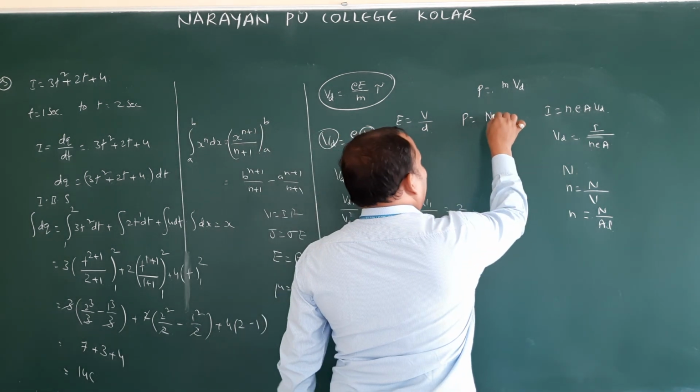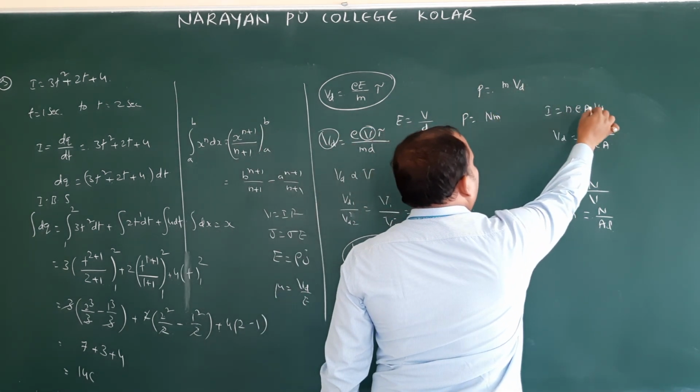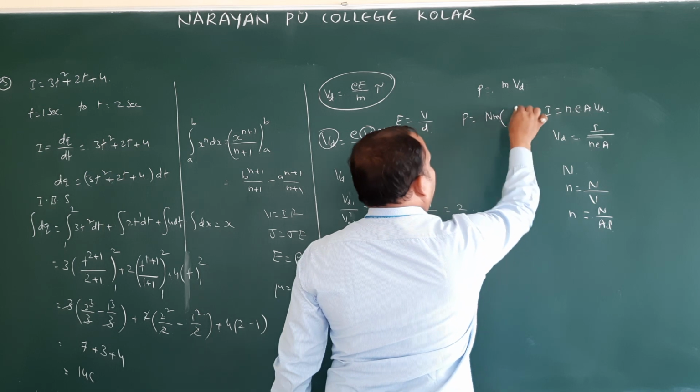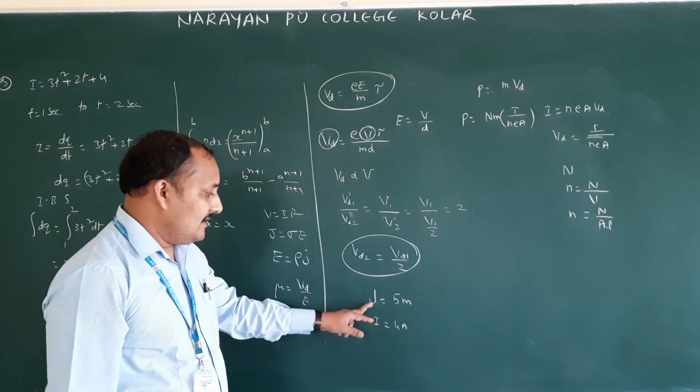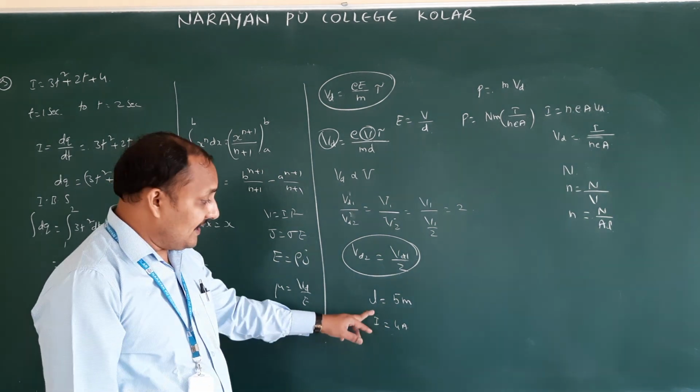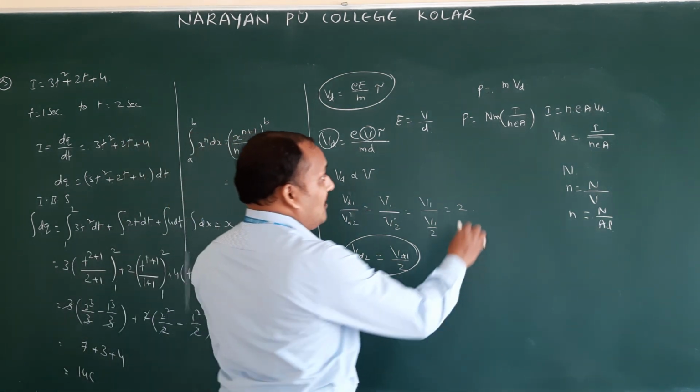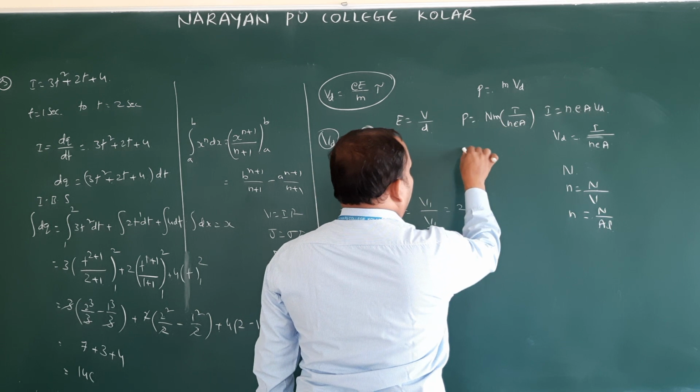Therefore N m v_d, with v_d equal to I by n e A, because we want the equation in terms of length and current. So what is capital N here?